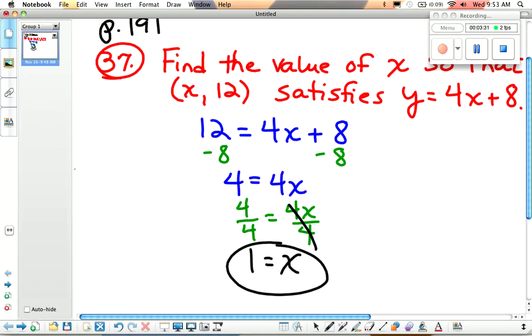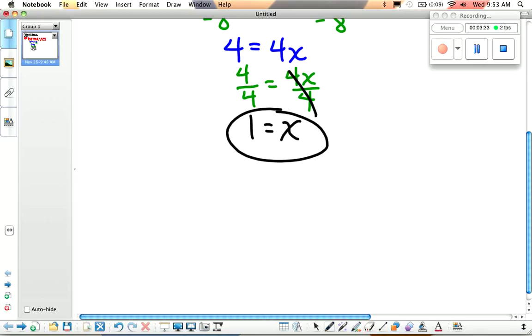Okay, then moving on, I want you to now look at number 41. And again, why don't you write down what it is we're supposed to do. We're supposed to go to the directions.